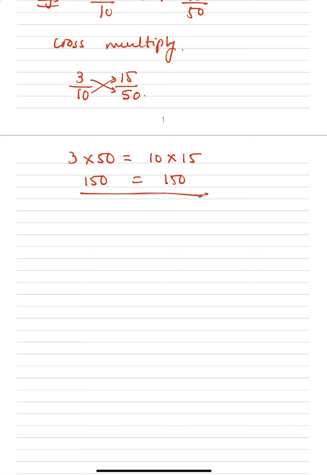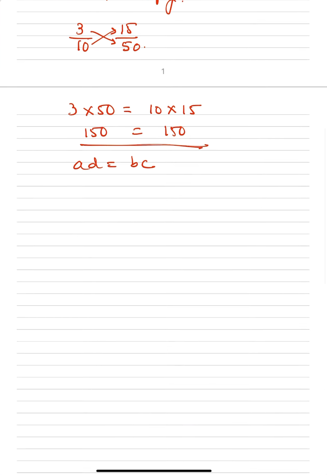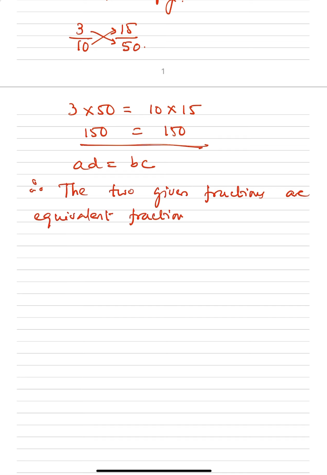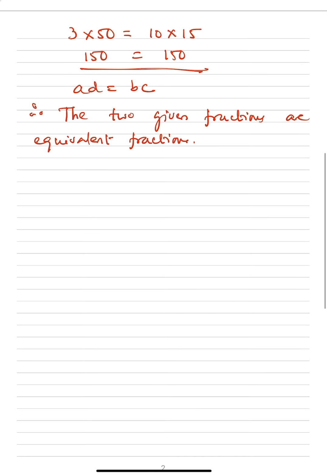So this satisfies our condition AD is equal to BC. Therefore, the two given fractions are equivalent fractions. Got it?